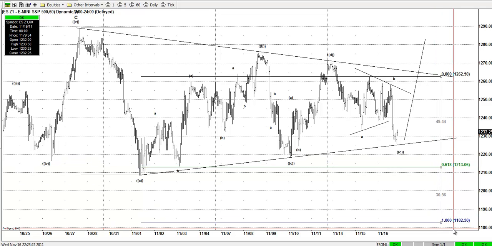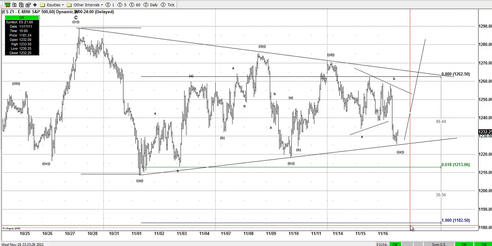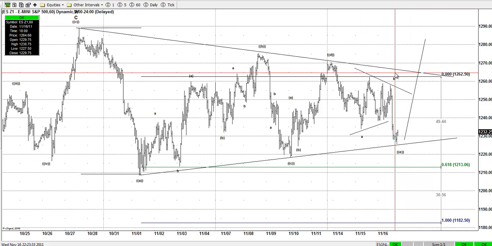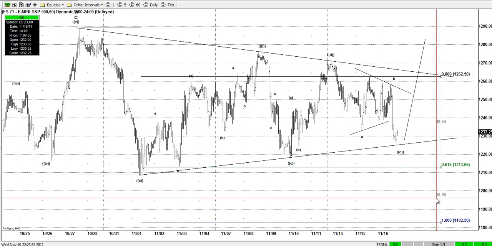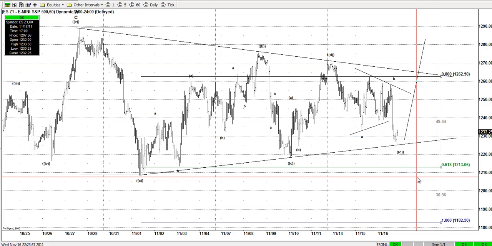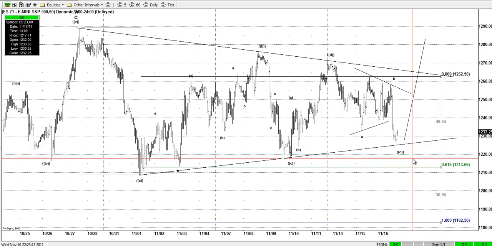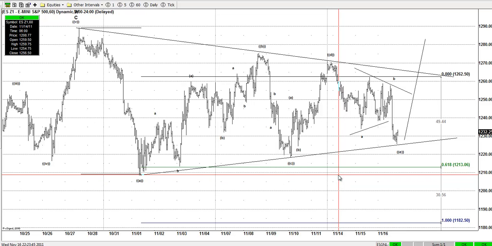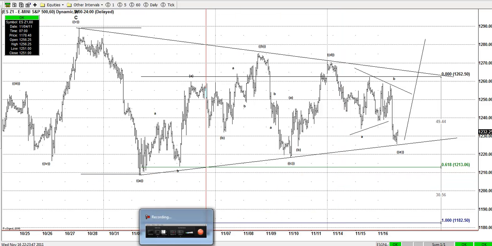Let's say cable, which is showing almost a complete structure, and the dollar and the euro dollar, those pairs are gonna keep going down, because this bearish scenario does not support that type of movement. That's why we are supporting the bullish scenario. Now, let's keep going now to some individual pairs.